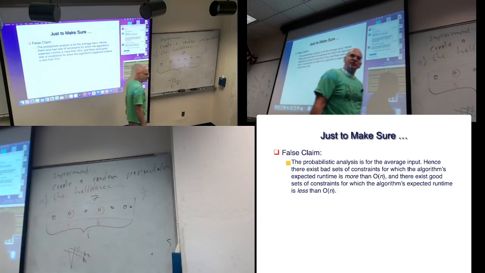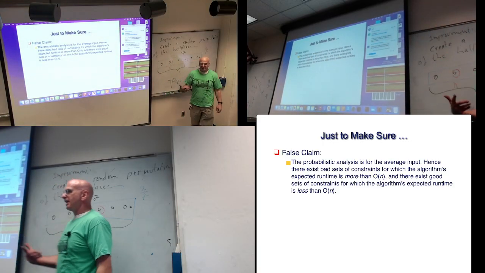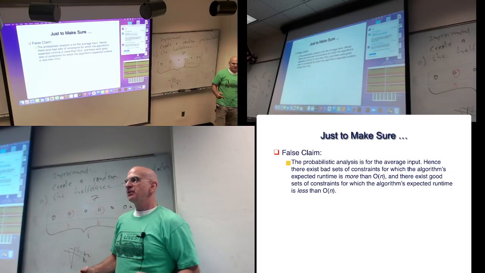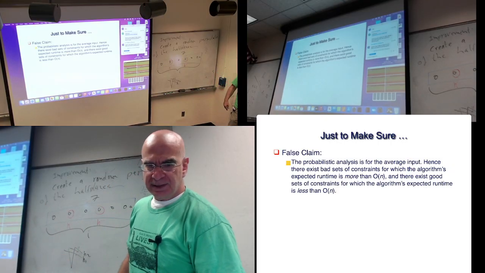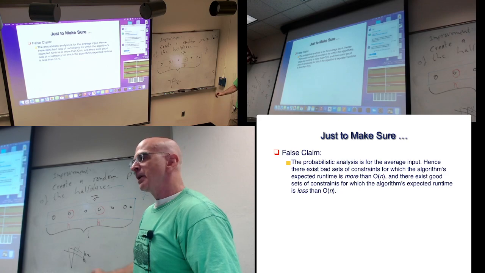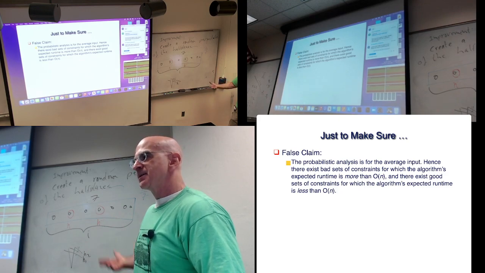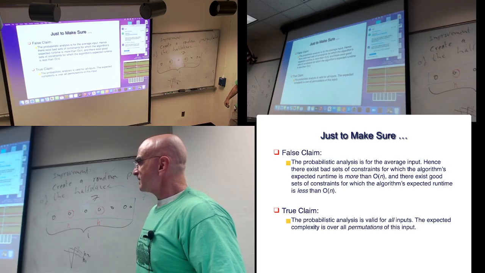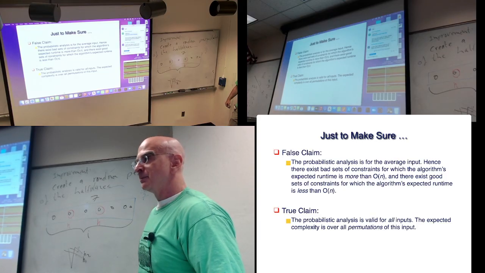Yeah, I'm not claiming that there are good inputs and bad inputs. You design the input, you're trying to get my algorithm to run as slow as possible. All I control is the order in which I insert the half planes. So the probability analysis is valid for any input. Just you decide about the order.